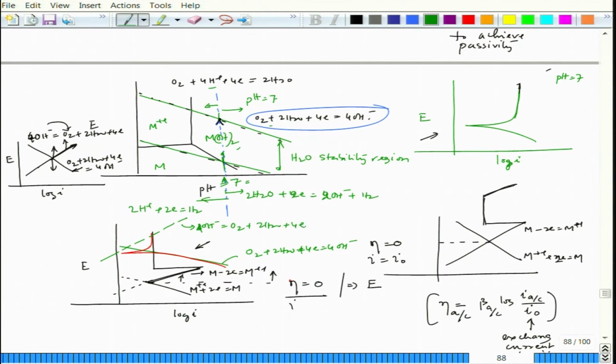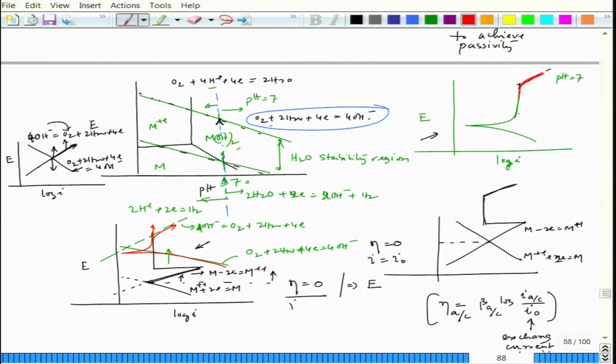Fine, because we are going towards this positive potential, once this red line comes across this green anodic polarization plot for the oxygen evolution reaction, then if there is no pitting, because the passivation is very strong, instead of going upward like this, it will take a turn like this. Okay. So the curve will look like this.